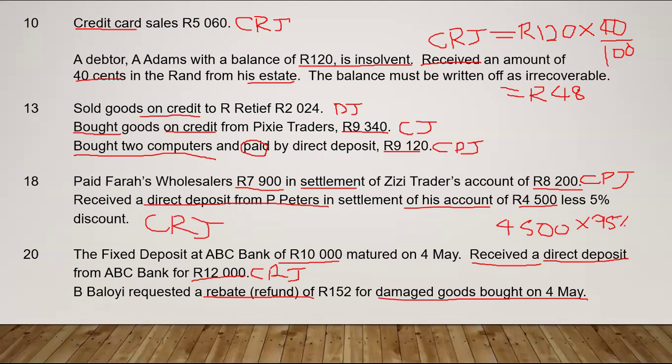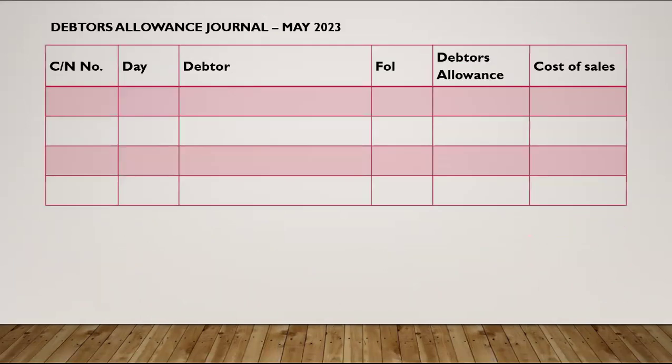Where will that be recorded? It will be recorded in the debtors allowances journal. Let's record it. We will have credit note 04. The day will be the 20th. It was issued to Bipaloyi.